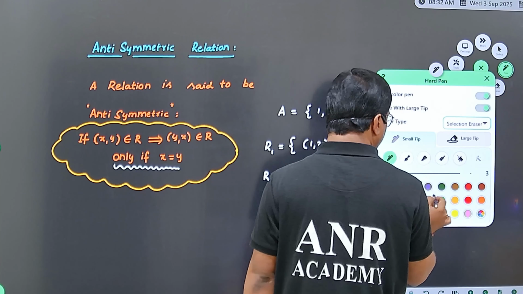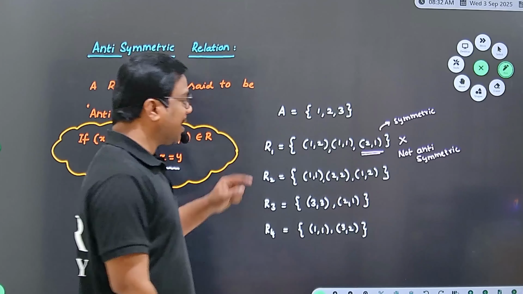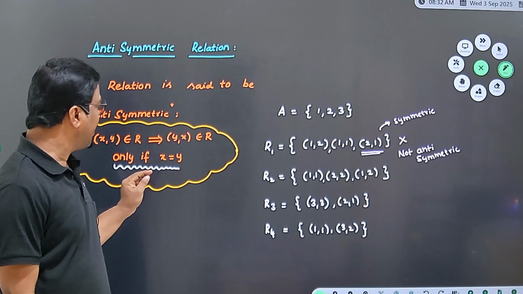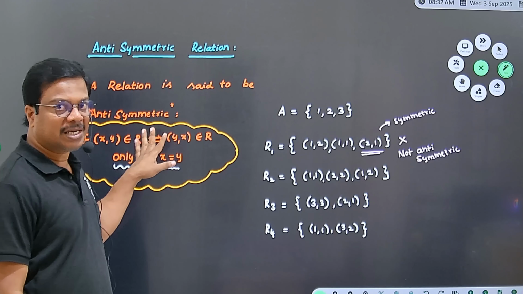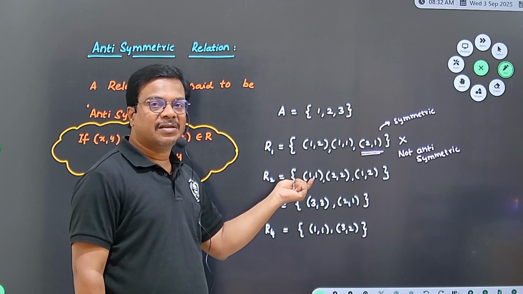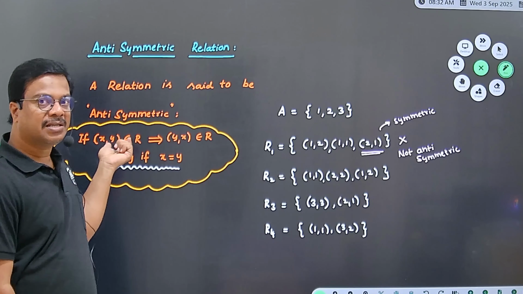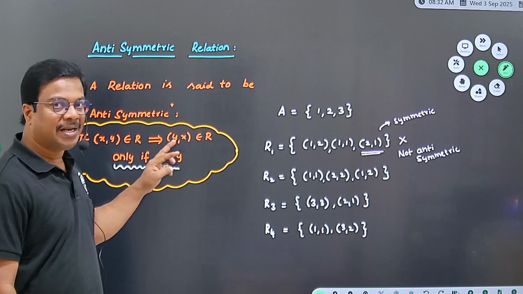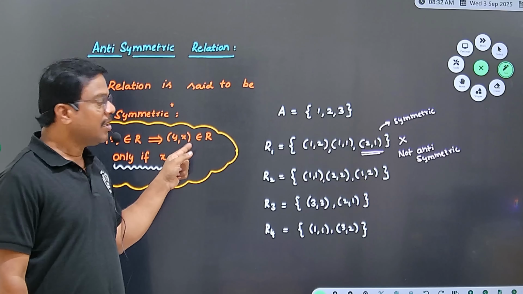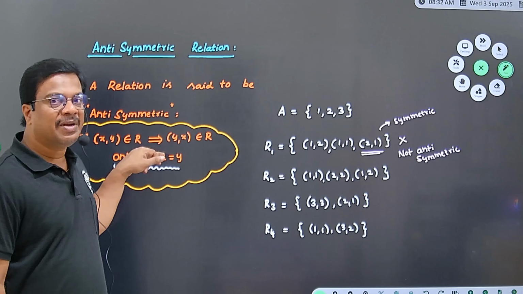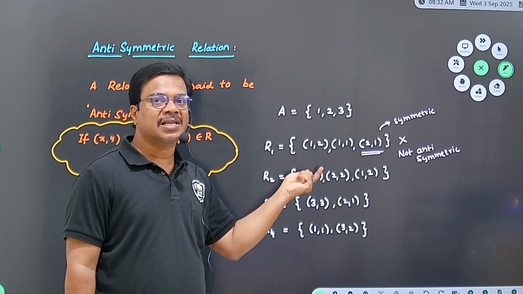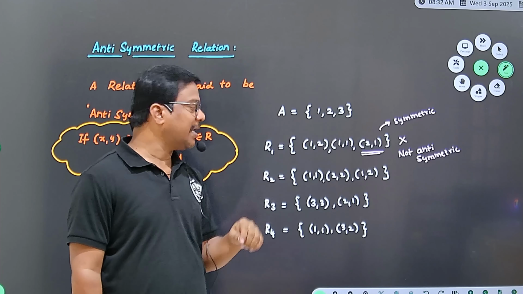Next, see the second relation. If x equals y, then (x, y) and (y, x) belong to that relation. That is the definition. Here (1, 1) belongs to the relation, and on reversing it, again (1, 1) belongs to that relation. The possibility exists only when both are the same. So (1, 1), (2, 2) are obviously in that antisymmetric relation.